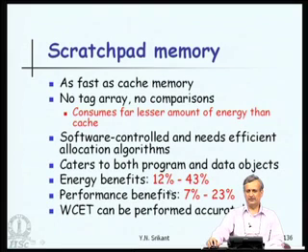There are huge energy benefits, 12 to 43%, and performance benefits as well, 7 to 23%. Why? If we had used cache memory, there would have been cache misses and a performance penalty, whereas with scratch pad memory there is always a hit. The compiler already knows what data is in scratch pad and what data is in main memory, so it can generate the right kind of addresses. So, performance improves as a side effect, and not by a very small amount, 7 to 23%.